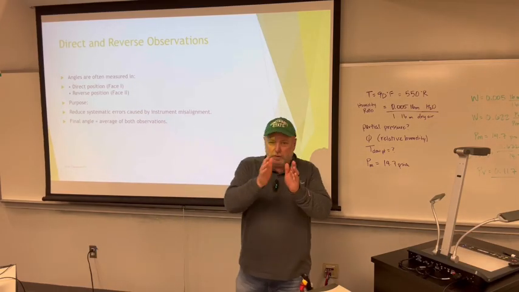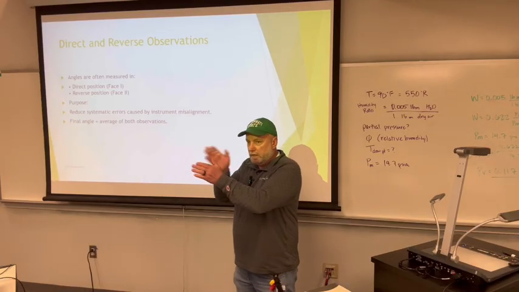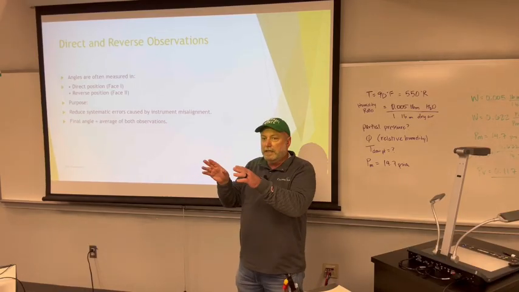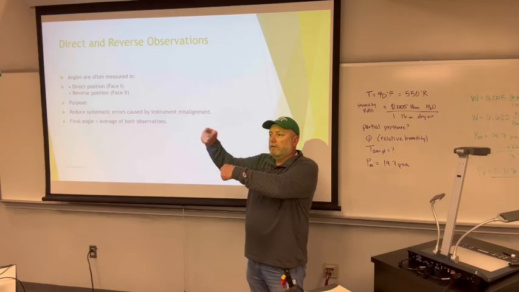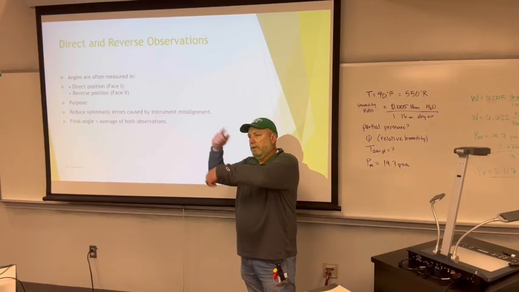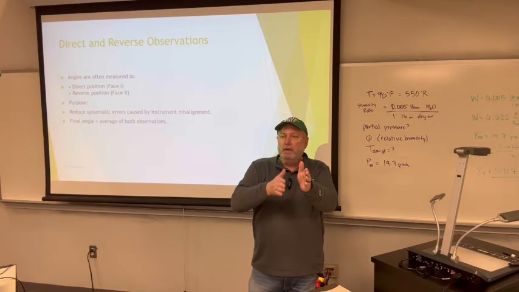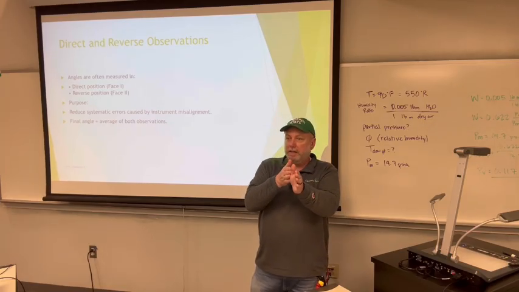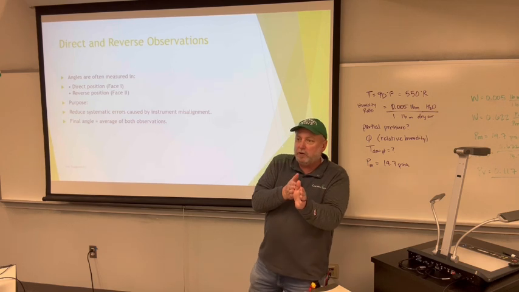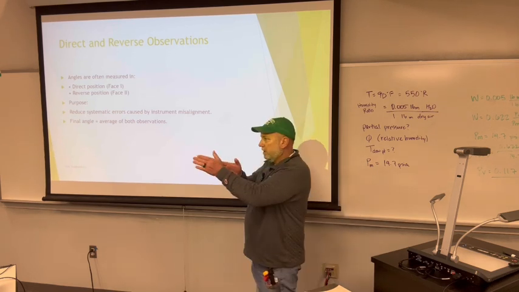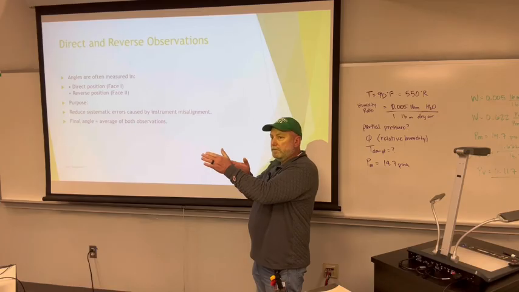When you take your initial back sight and turn your angle, looking through, we'll say that's face 1. Face 2, you would flop your scope around, flip it over 180 degrees, turn back to your back sight. Your angle should then theoretically be reading very close to 180 degrees. You would record that, turn back to your foresight.